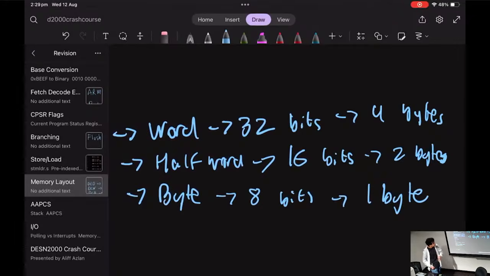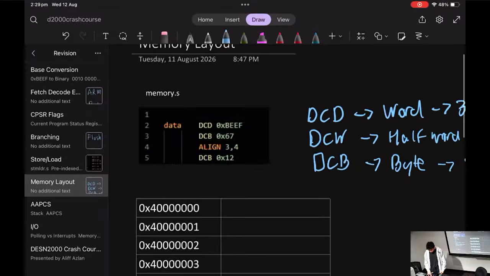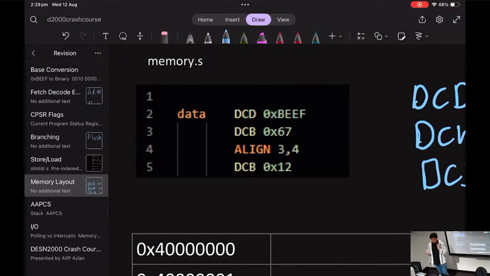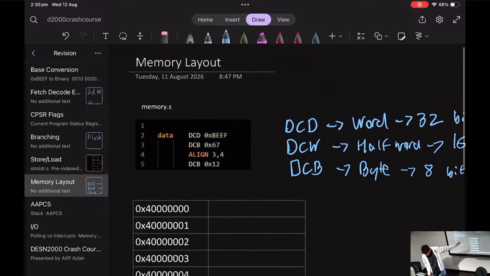Now, when we lay this out in memory, it's always going to be aligned towards the memory that you've chosen. So if it's a DCD, it'll be on a 4-byte boundary. That just means your memory address is divisible by 4.